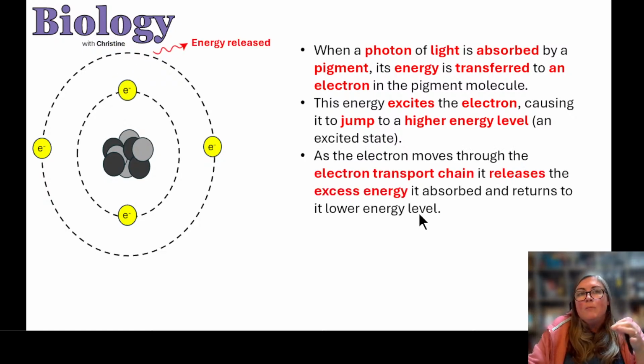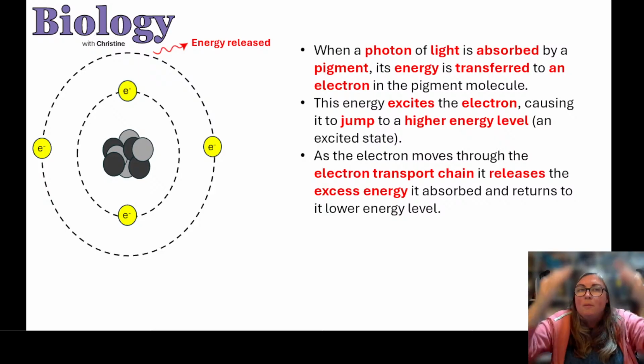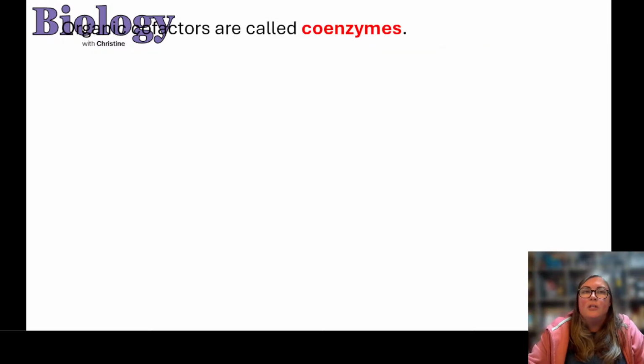When they move back down to their original position, that excess energy is going to be released. So that's important to note. When they absorb that photon of light, they absorb the energy, they get excited, they jump up. When they move back down, they lose the energy.